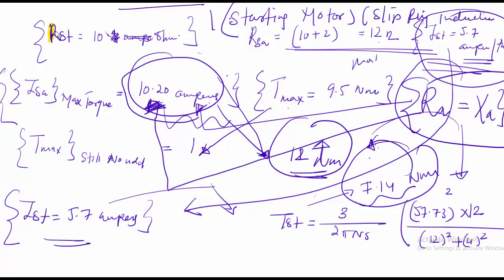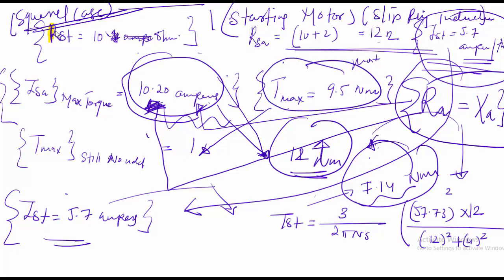If this was only a squirrel cage motor, it would not have been possible to get any addition in the starting torque. My starting current would have been close to 12 amperes, and the torque close to 9.5, which was found out. So there would have been no change possible.